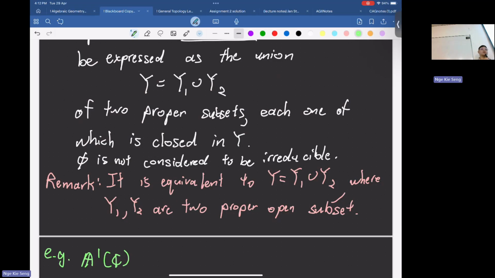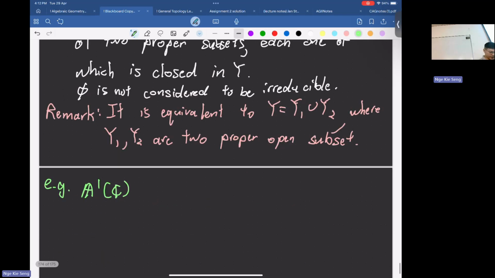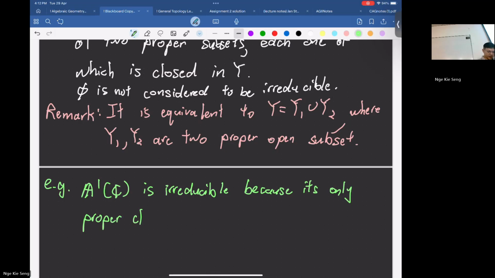If you take two finite sets together, you still get a finite set, but A1 is infinite. So we'll say that A1 over C is irreducible, because no matter what closed subsets you union together, you will still only get finitely many elements, but the whole space is infinite.